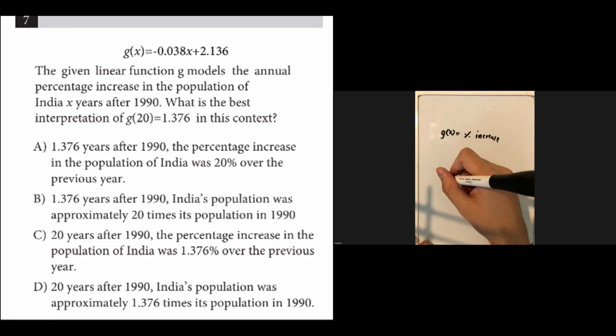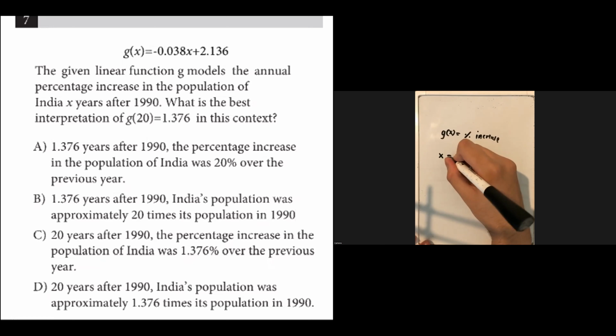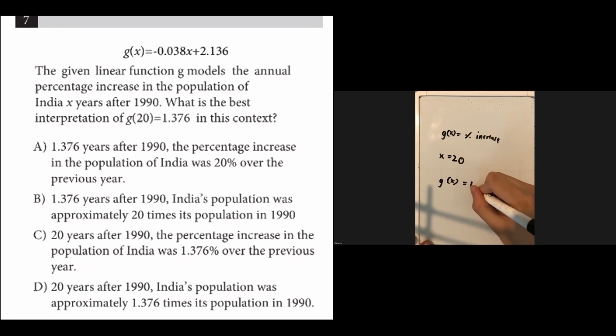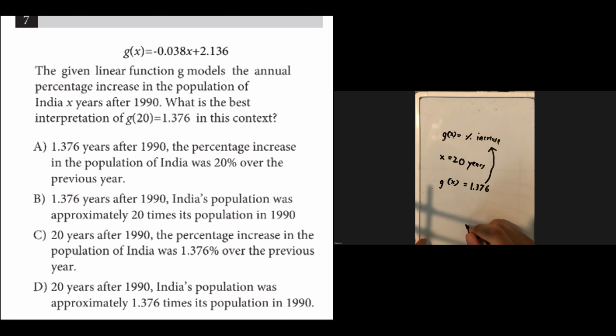We're given g of 20, so x is 20, and g of x is 1.376. So 1.376 should be the percentage increase, and 20 should be the number of years.